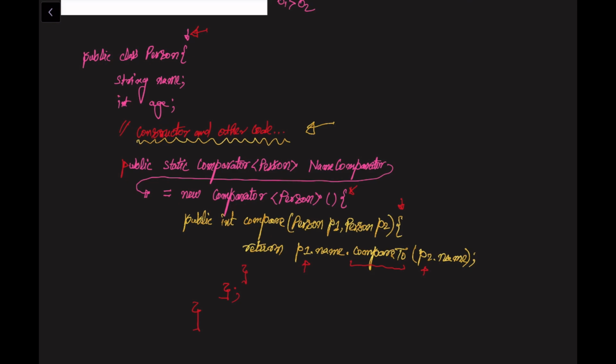Let me tell you the full implementation, like the constructor and other code also, because maybe some people might be confused about what to write in the constructor, how to make the constructor, and what is the other code here. So for that, let me explain one more program.